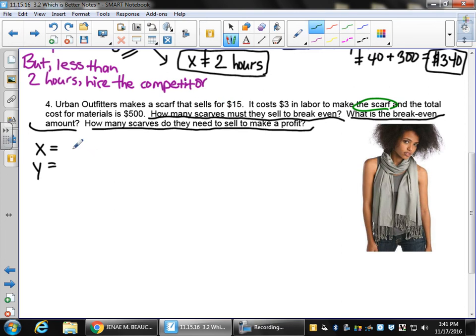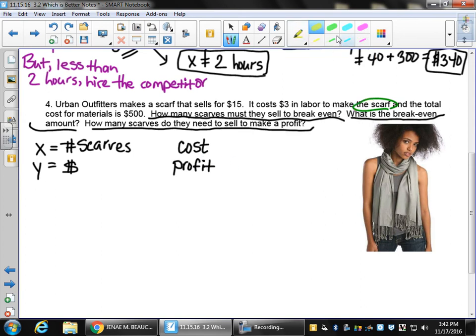So x is the number of scarves. y is going to just be money, because when I read this, I clearly get the sense that this is a cost versus profit situation.